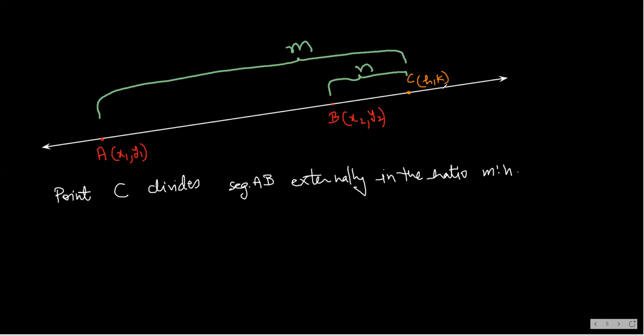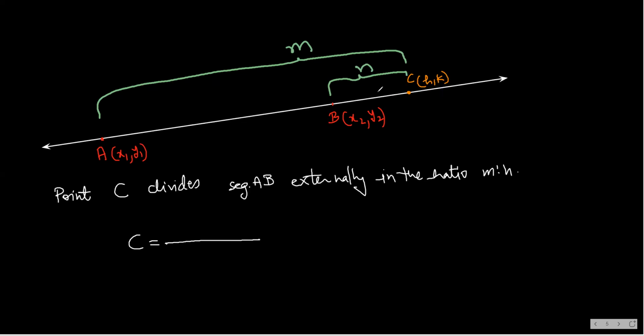Now we can write the coordinates of C. See what will be the coordinates of C. C will be mx2. The idea is once again the same. Which is the main point here? Remember, the point which is dividing is the main point.